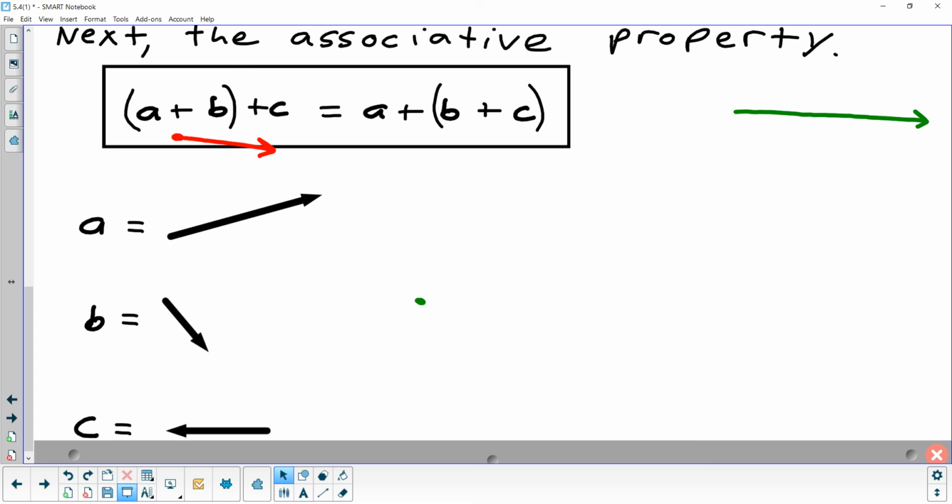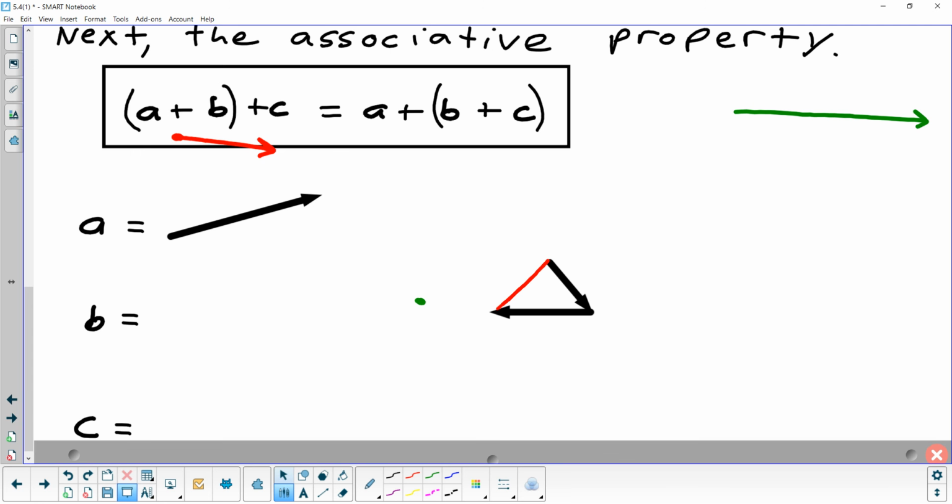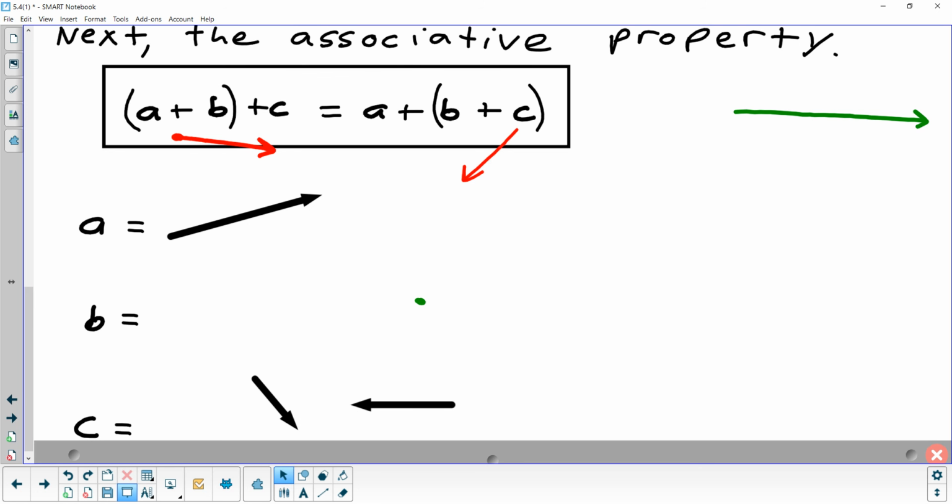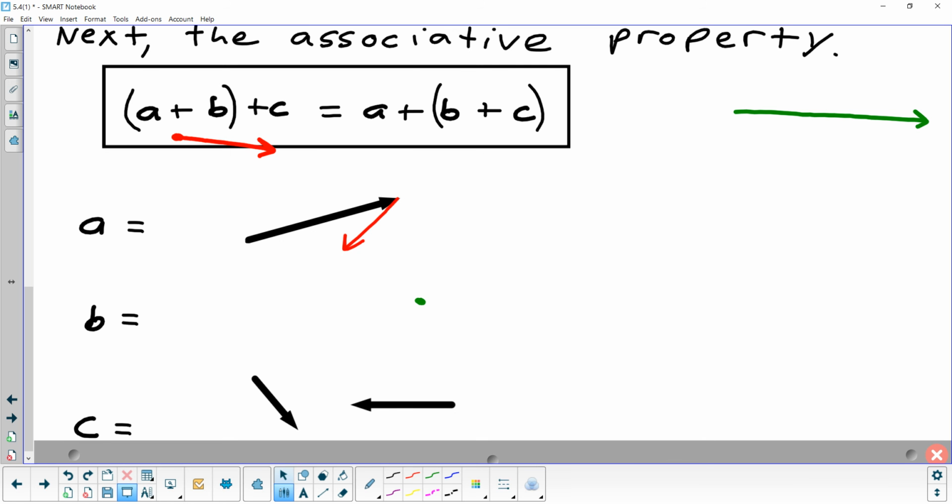Now, let's do it the way that it says on the right. Let's take B plus C and do that part first. So here's B plus C. If I do that, that's what you get in red for B plus C. Now let's add that onto the end of A. So here's A. Here's B plus C. And connect where you start to where you stop.